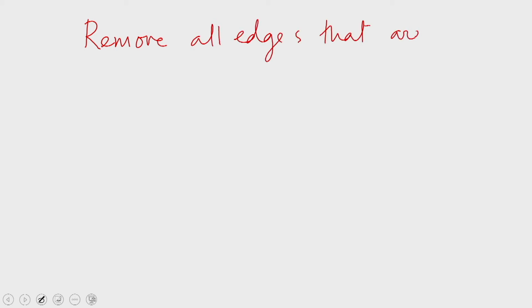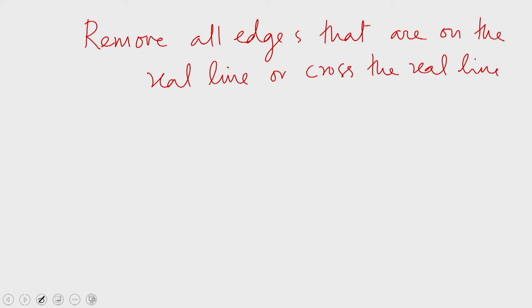Now, let us remove all edges that are on the real line or cross the real line, or let us say we remove all edges that touch the real line or cross the real line, that is, has one of the endpoints on the real line or cross the real line.